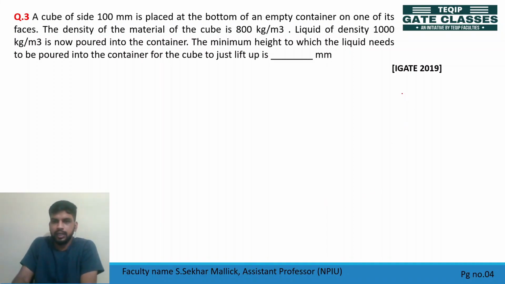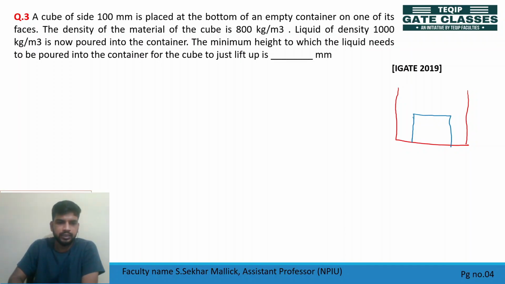तो यहाँ पे एक कंटेनर दिया गया है। ओके, कंटेनर में एक क्यूब है, इनसाइड द कंटेनर एक क्यूब है, और हम क्या कर रहे हैं, कंटेनर में लिक्विड पोर कर रहे हैं, डाल रहे हैं। और कितना हाइट लिक्विड डालने से ये क्यूब ग्राउंड से ऊपर उठ जाएगा?